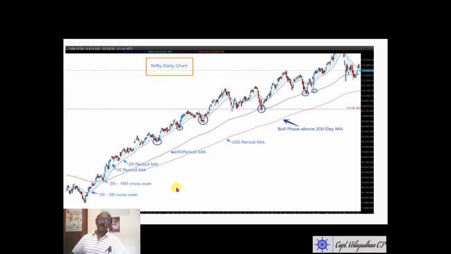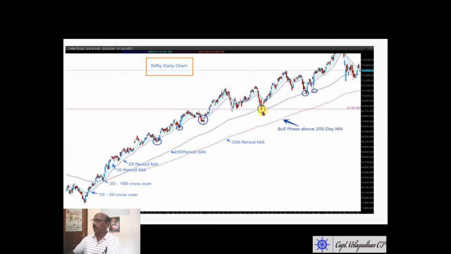I am giving more examples on the charts so the picture gives better understanding. This is another chart on Nifty. I put 10 period, 20 period, 100 period and 200 period moving averages. 10 period is a shorter period and 20 period gives a longer one for about a month or so. 100 period moving average broke here, it got a chance here to buy, but it was holding all the way here.